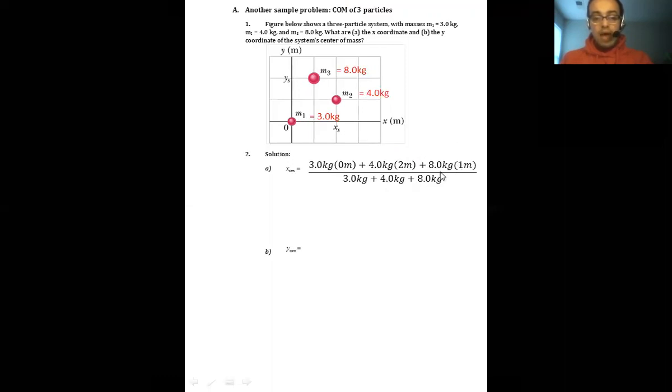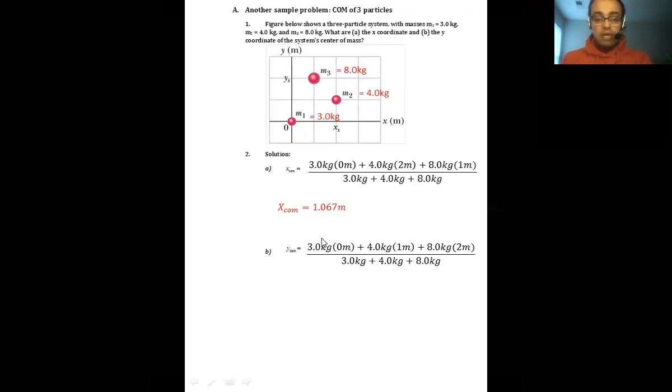Then we put all of this over the sum of the masses of each of these individual particles, and we evaluate and we find that x of the center of mass is 1.067 meters.